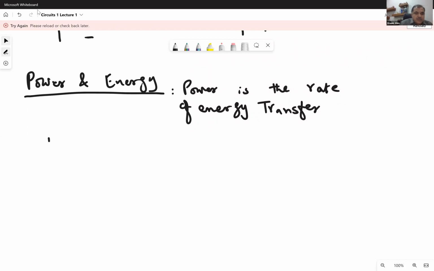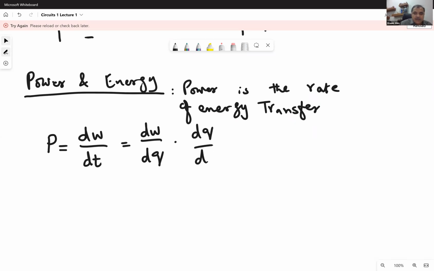Okay, so P is equal to, so that's the work per unit time. And in other words, we can write it like this: per unit charge, the same thing if we describe it like that.